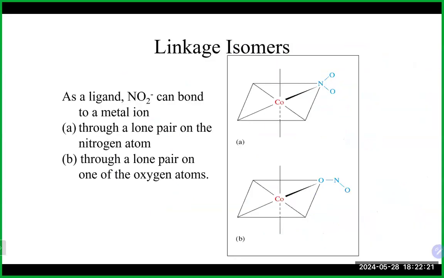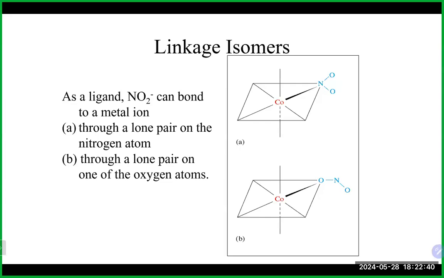Now, the next type of isomer is a linkage isomer. And in this particular case, what actually happens is it is the same ligand that's attaching, but the ligand itself has the ability to actually attach via a couple different sort of elements.